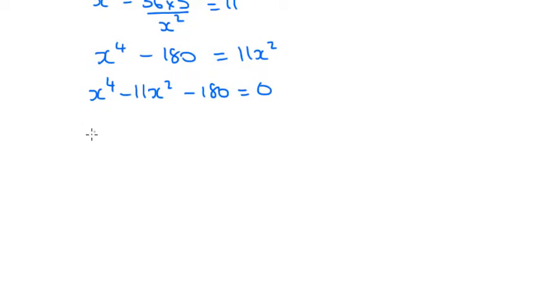This factorises. We're looking for two numbers that times to make minus 180 and add or subtract somehow to make minus 11. So that's going to be 20 and 9, and we're going to need minus 20 and positive 9.